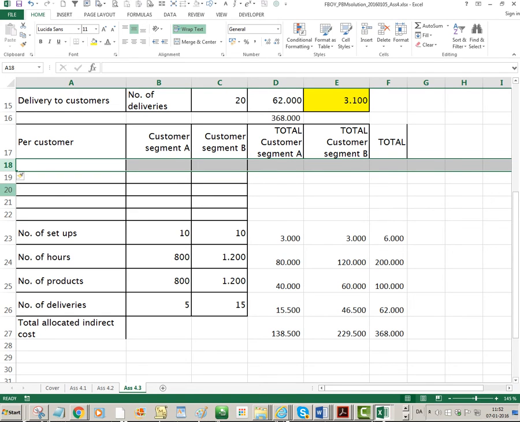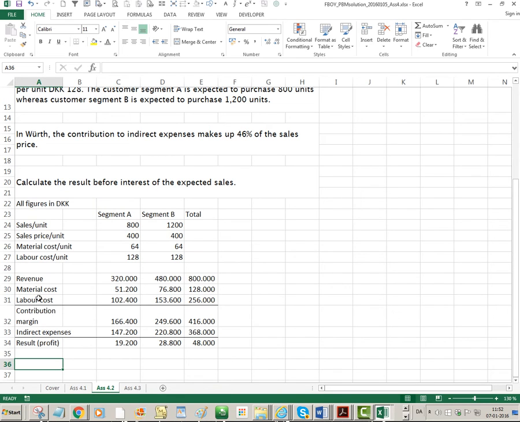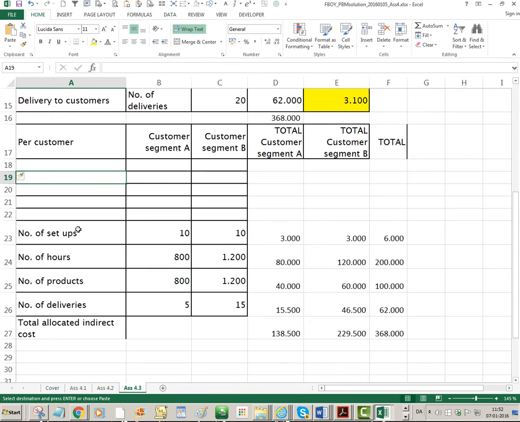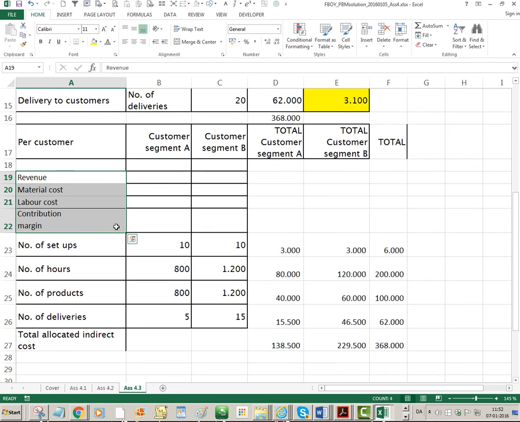We have 3 or 4 rows here. At least we could use these things here. This text we could use. So I just say Control C and I put them here. And then should I make the calculations again from the bottom, or should I just refer to the other sheet?